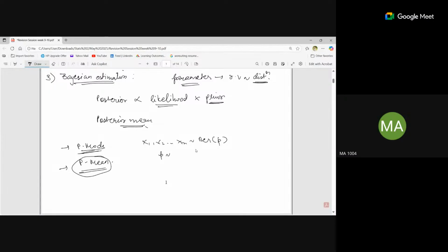So this p is following some discrete distribution with parameters, let's suppose some numbers like 0.5 and 0.5.